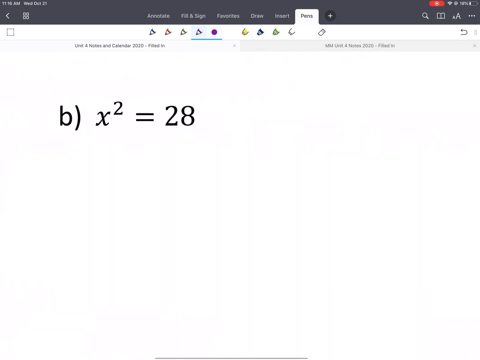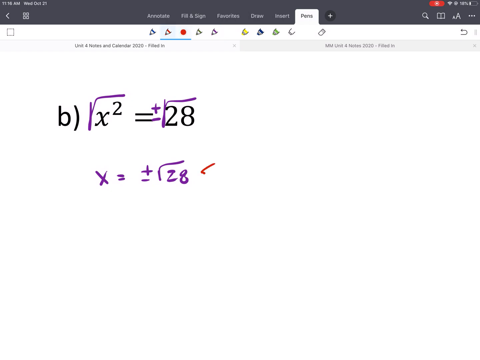Here's another example. If we wanted to solve for x, we would need to take plus or minus the square root of 28. But hang on, can we simplify that? Let's try it. With a factor tree, we can do 2 and 14, and then 2 and 7.